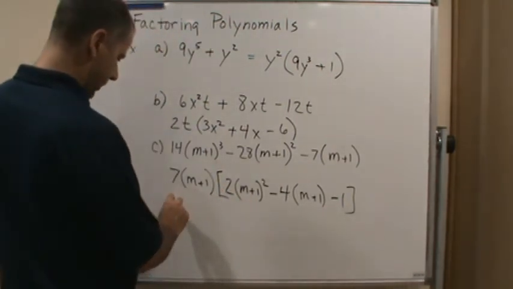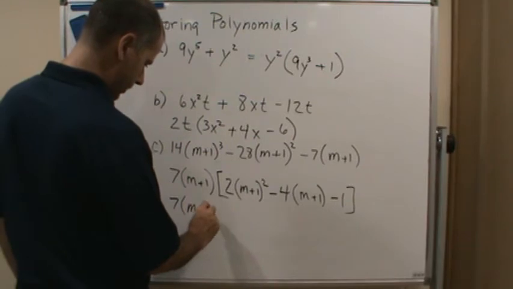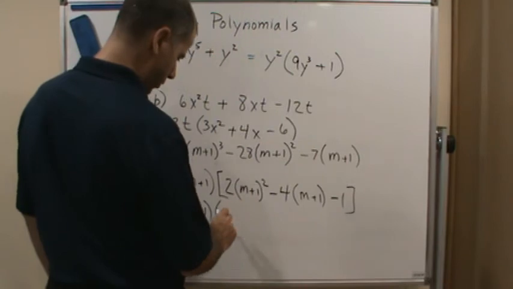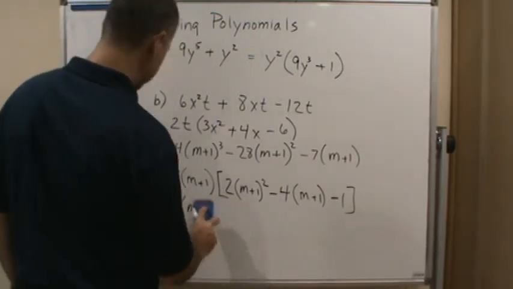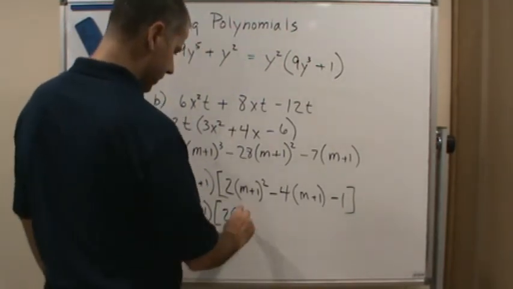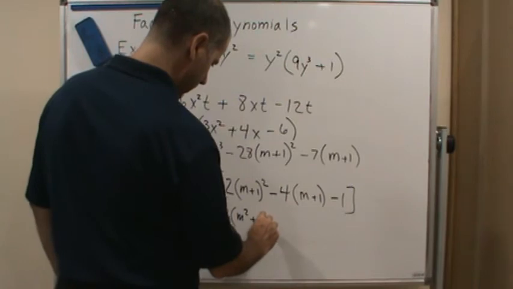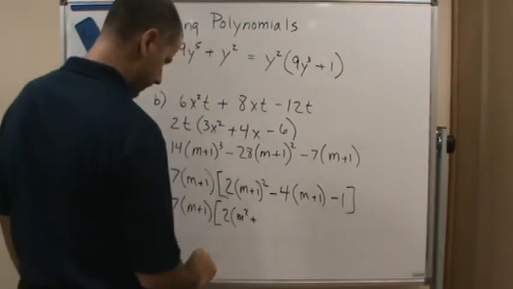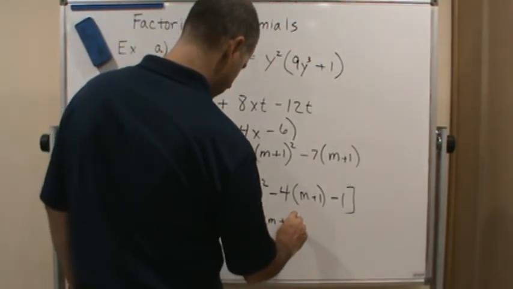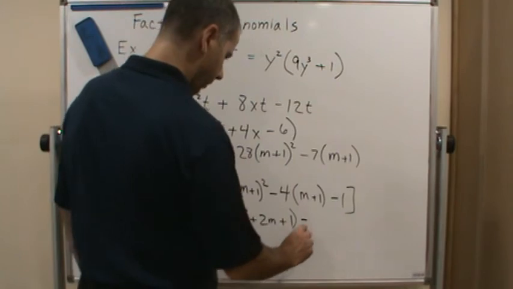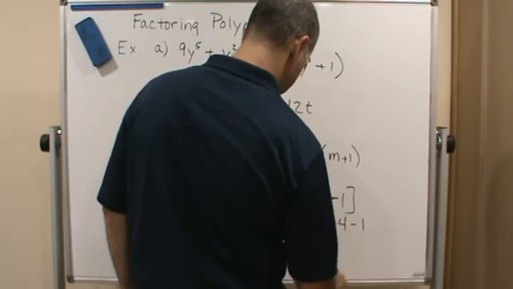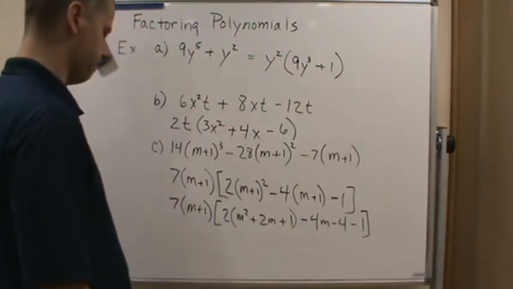So this is going to be 7 times m plus 1, and then 2 times m squared plus 2m plus 1 minus 4m minus 4 minus 1.